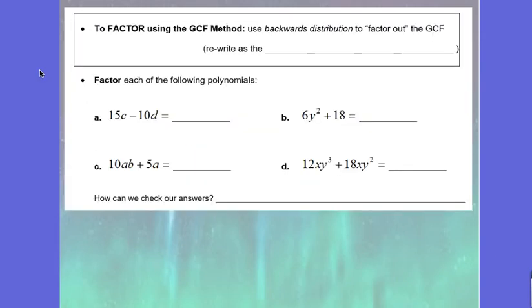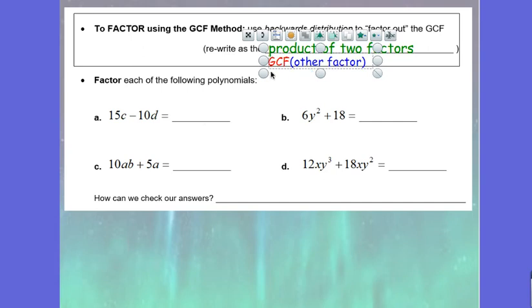To factor using the GCF method, we use backwards distribution to factor out the GCF. So basically, we rewrite it as the product of 2 factors. These 2 factors are usually written as the GCF on the outside times the other factor on the inside of parentheses. This shows the distributive property that existed before this product was formed.